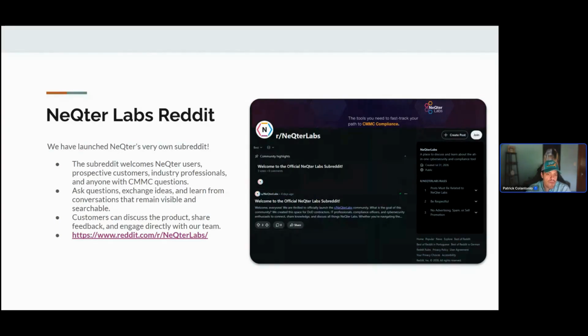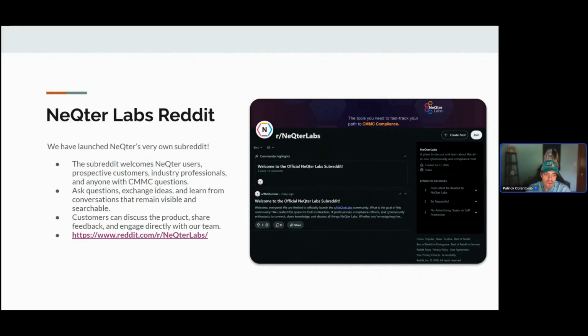But hopefully we want it to become a forum of people talking about the tool, use cases, questions, because our team, we use NeQter all the time. We use it in different applications, but there's always something that somebody does differently or even better, or something that we haven't thought about. And there's a wealth of knowledge in the community with the hundreds of users that use NeQter. So we wanted to launch this.